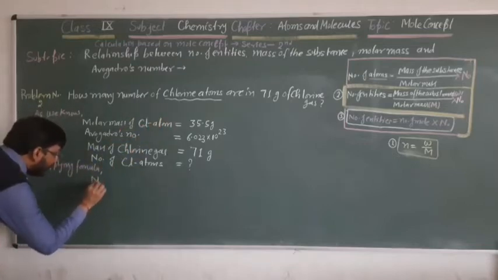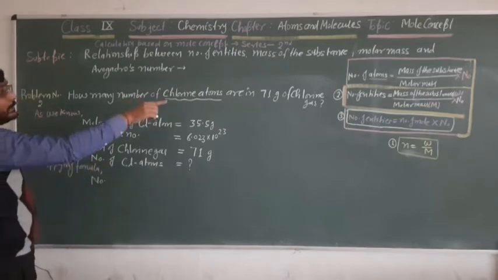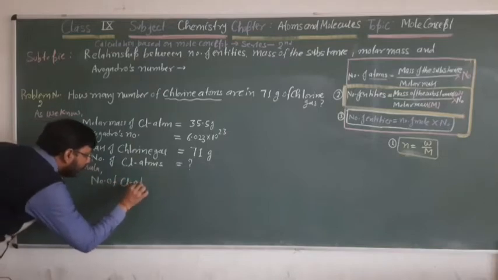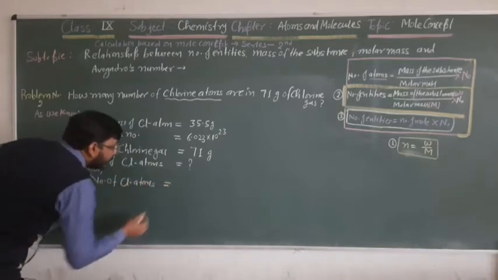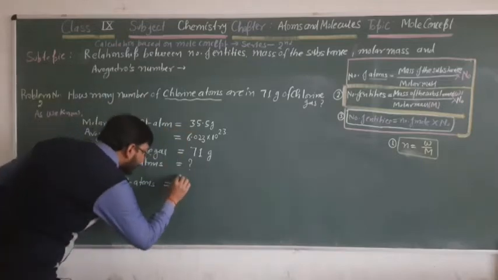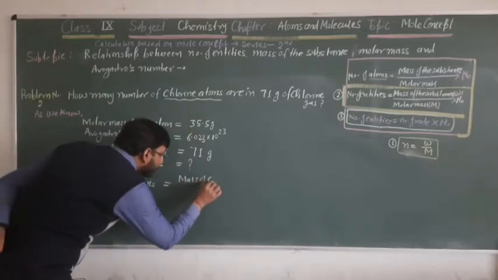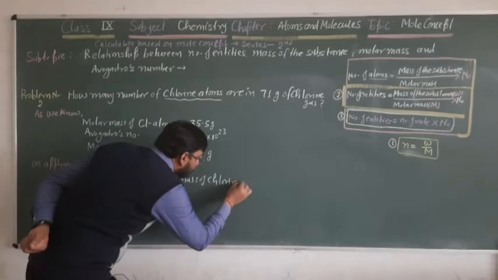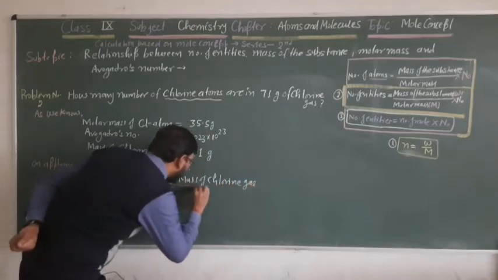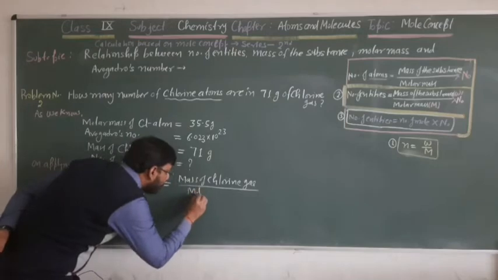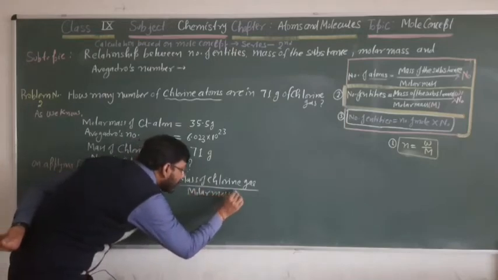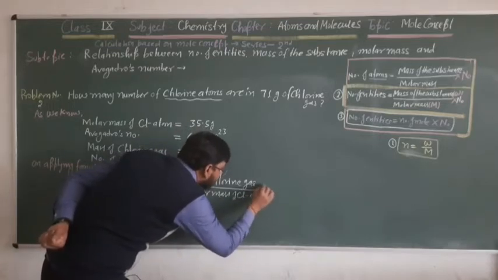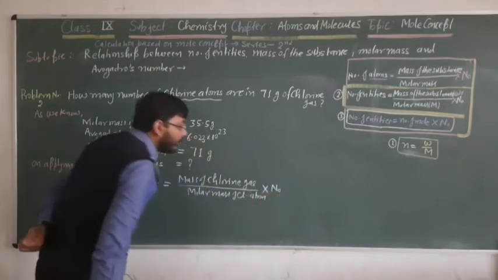Our formula is number of entities, but instead of entities we will write the number of chlorine atoms, is equal to mass of chlorine gas divided by molar mass of chlorine atom multiplied by Avogadro's number N naught.